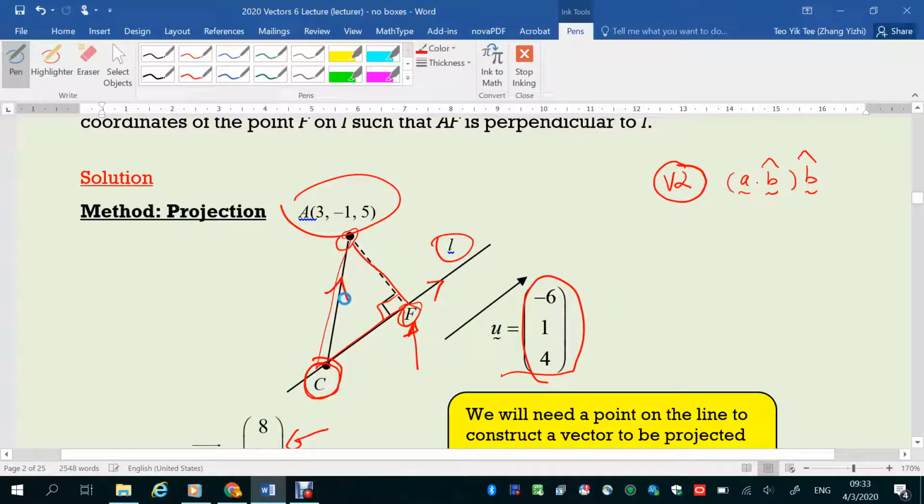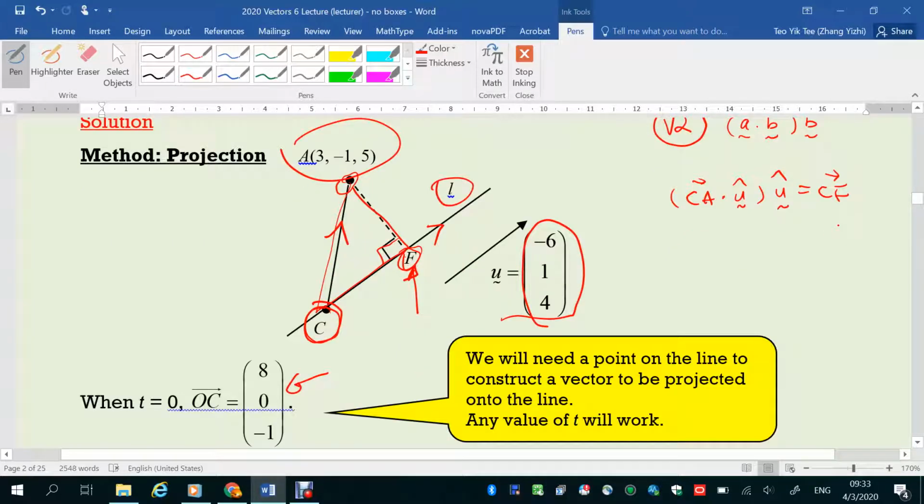If I know CA, then CA dot with U hat will produce CF. This is your projection formula, so you need to recall your projection. CA dot with this direction divided by its magnitude will produce CF.